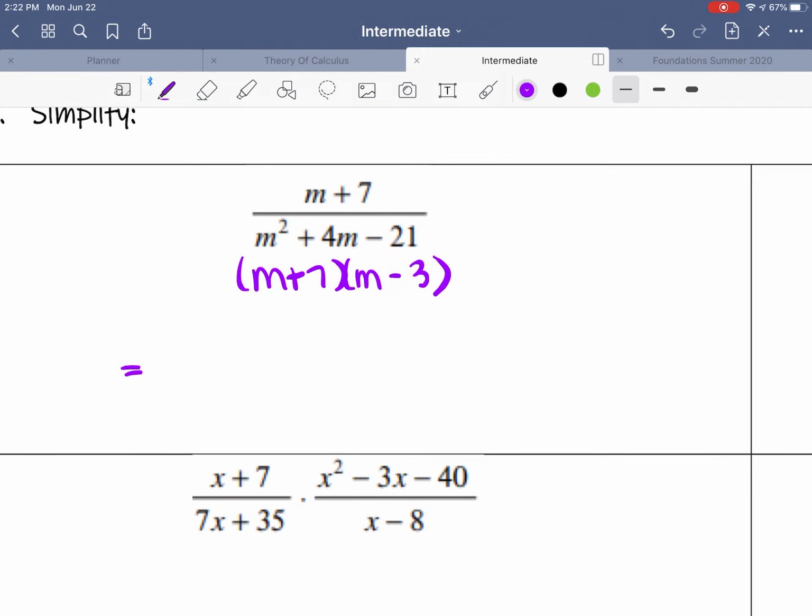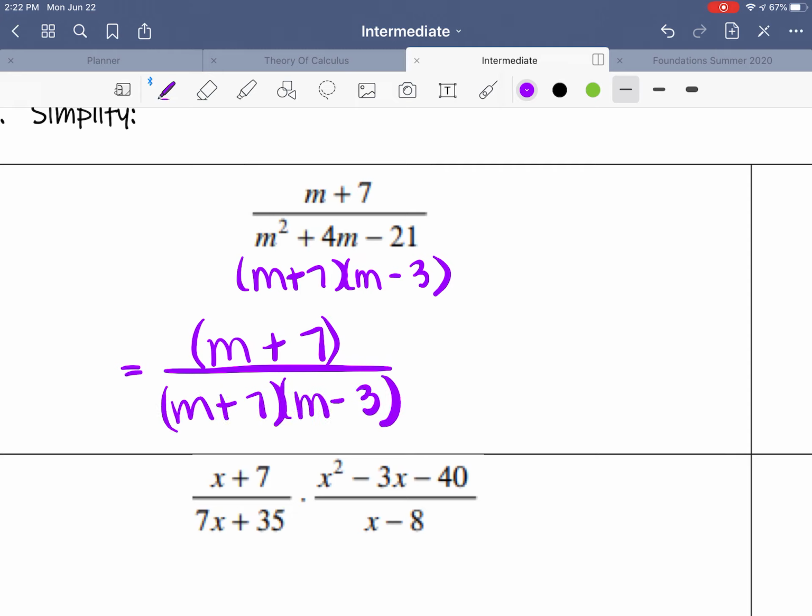And then I'm going to rewrite this rational expression in factored form. The top is already factored because it's m to the first. And you'll notice that I have this m plus 7 in the top and in the bottom. Since we only have multiplication here, I can very easily divide those common factors.